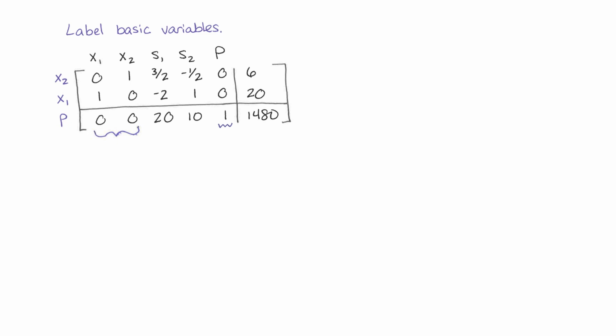That is what a basic variable looks like. So since the 1 is in row 1, x2 represents row 1. Now this shouldn't surprise us because our pivot row was row 2, so row 1 should have remained with the x2. S1 and S2 are non-basic, and P should always be a basic variable.